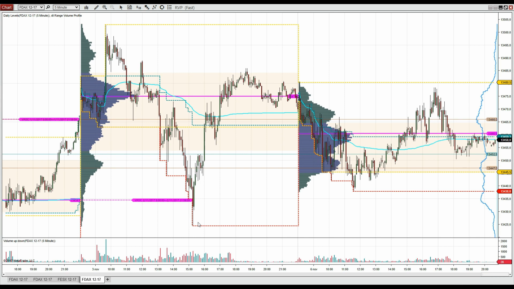So given there is no specific catalyst, the main expectation would be sideways day, and then you have some significant levels to test, like this low volume node, like the POC of the prior day, which was right up here and where we opened.